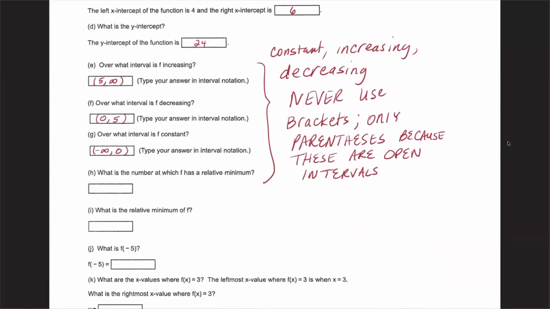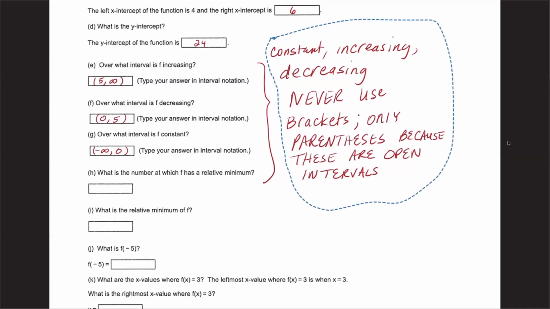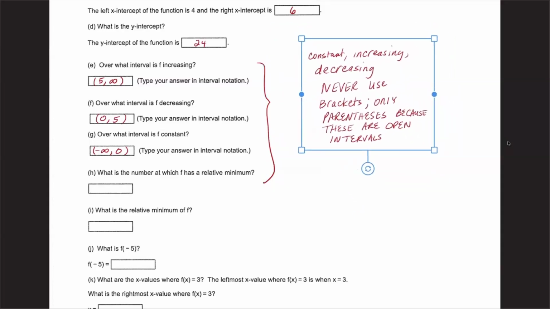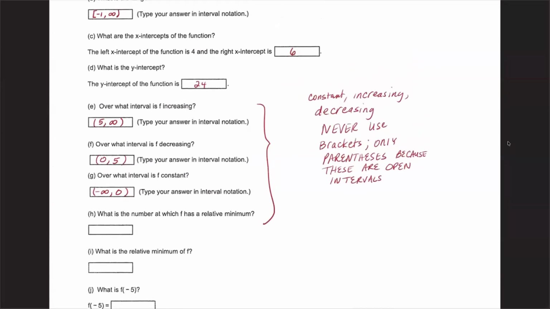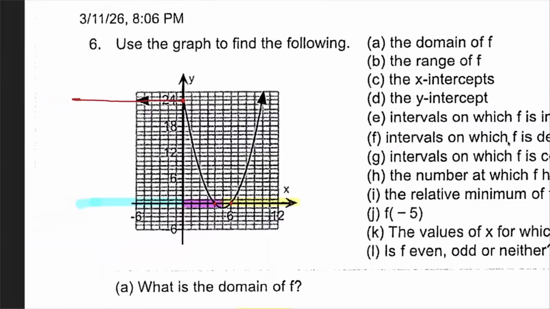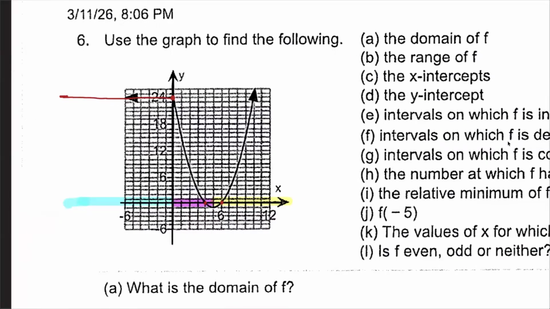All right. Then it says, what is the number at which f has a relative minimum? The number at which f, the function, has a relative minimum. All right. That means look at the lowest point on this graph.